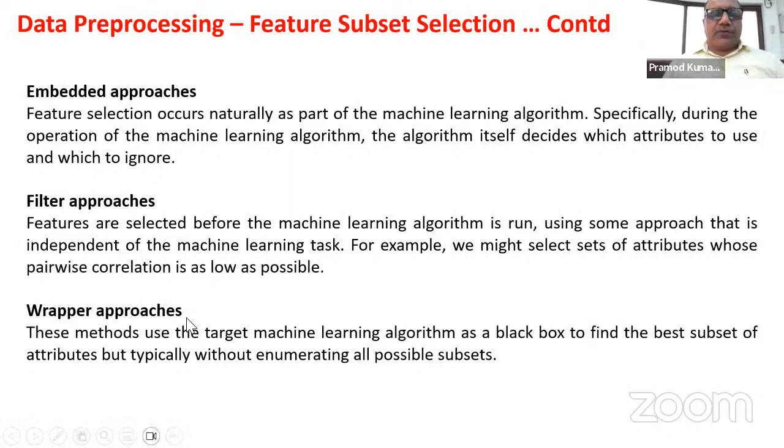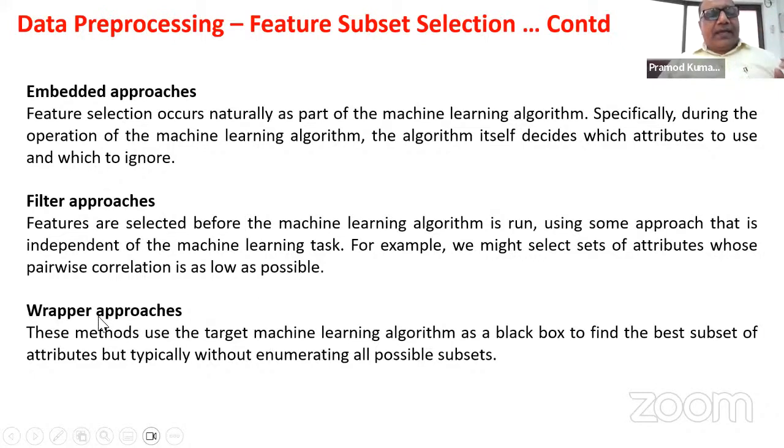What is the wrapper approach? These methods use the target machine learning algorithm as a black box to find the best subset of the attributes, but typically without enumerating all possible subsets. In case of the wrapper approach also, the machine learning algorithm is a part of finding out the reduced feature set.